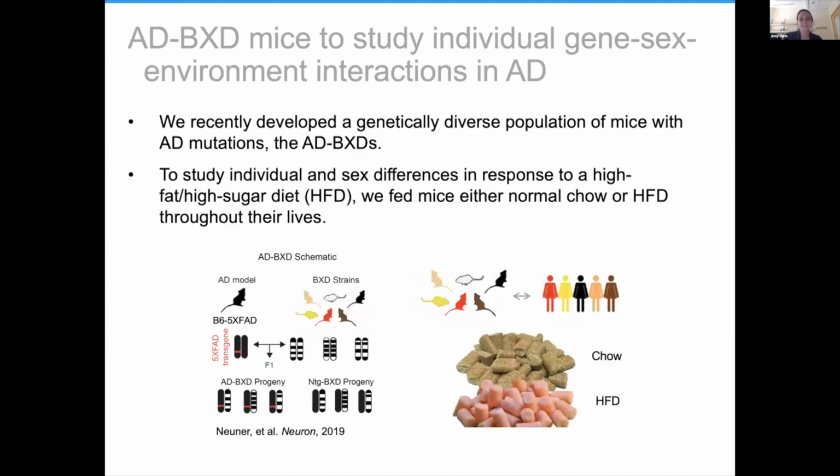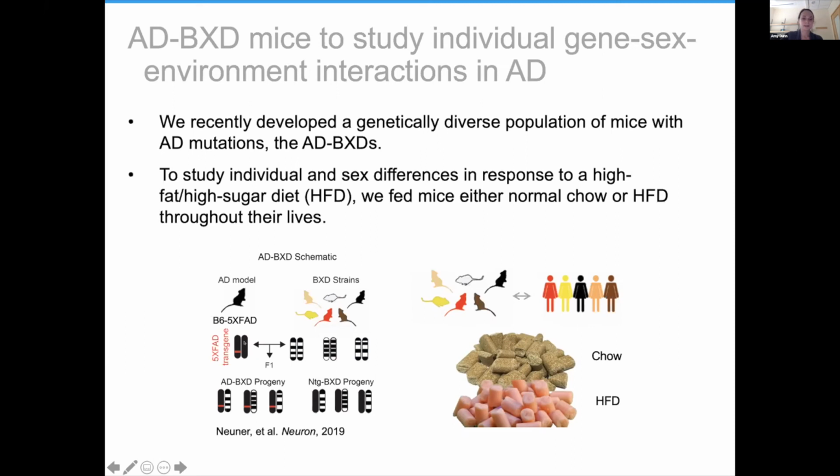This is a challenging question to address in humans. To overcome some of those challenges, we use a genetically diverse mouse population of Alzheimer's called the AD-BXDs. We created these by crossing the 5XFAD model of Alzheimer's, a really well-characterized mouse model, on a B6 background, to BXD strains.